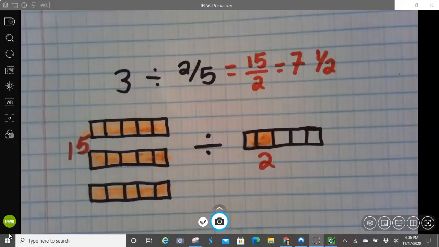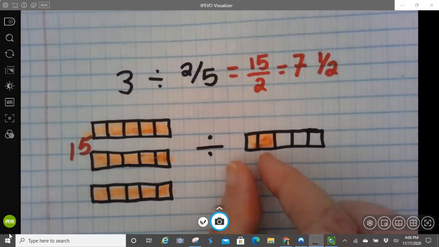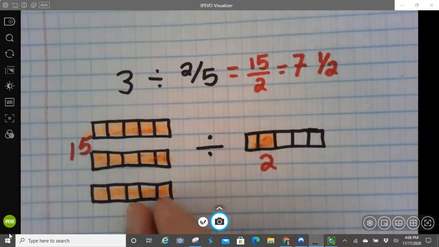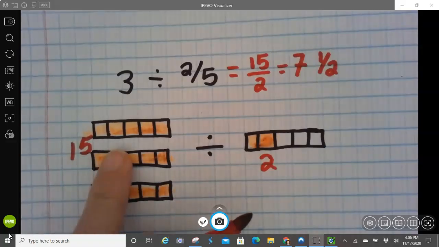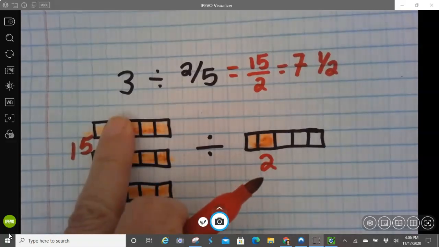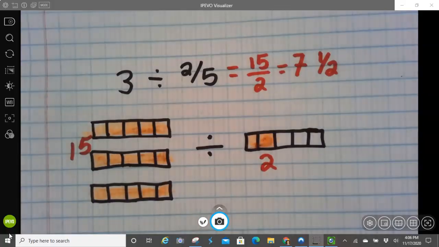So 7 and 1/2. Again, there are other ways you could model this. Some of them might be easier because we're dealing with a whole number, but this way will definitely work. It's saying how many of these 2's can I fit into these 15? 1, 2, 3, 4, 5, 6, 7, and a half left over.